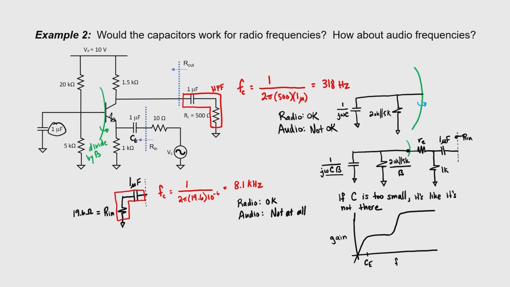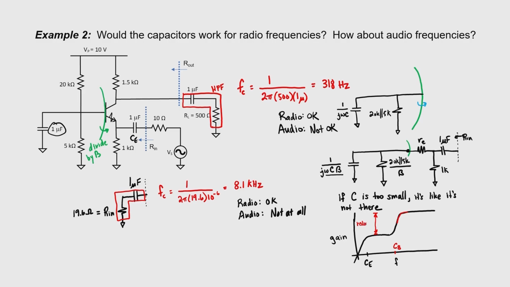That's this one. This high-pass filter with a higher corner frequency would be due to my base capacitor if it were too small. That's not the case in this circuit, but in the next example, we're going to look at what happens if you don't have that base capacitor there.